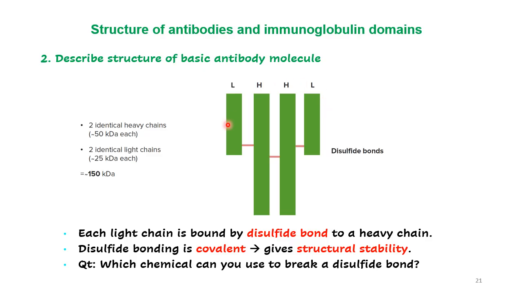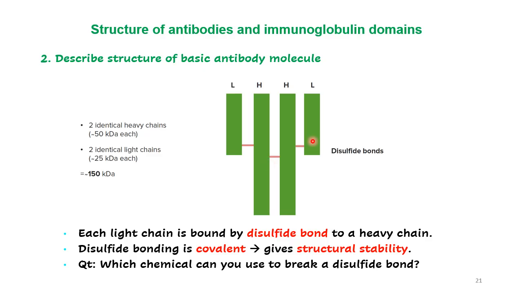The whole protein itself is kind of bulky. So you see here about 150 kilodaltons. That's a big protein. So this thing is kept together by covalent interactions via disulfide bonds. You look at the heavy chains, those are going to have a disulfide bond that connects the 2 heavy chains.